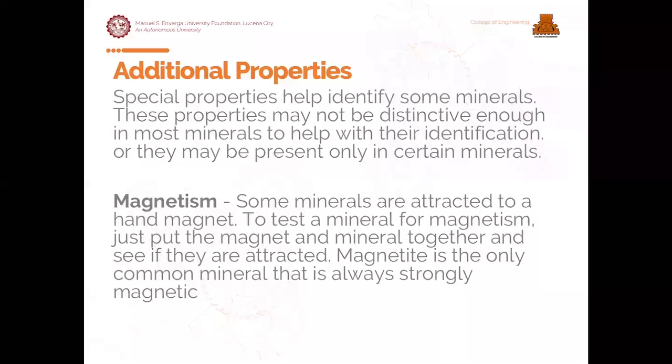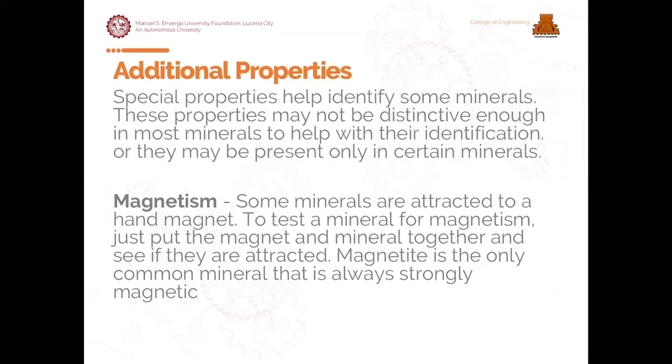So yung first is yung magnetism. So ito yung ibig sabihin, pinopossess na magnetic property ng mineral. Okay? So, some minerals are attracted to a hand magnet. So, to test a mineral for magnetism, just put the magnet and mineral together and see if they are attracted.